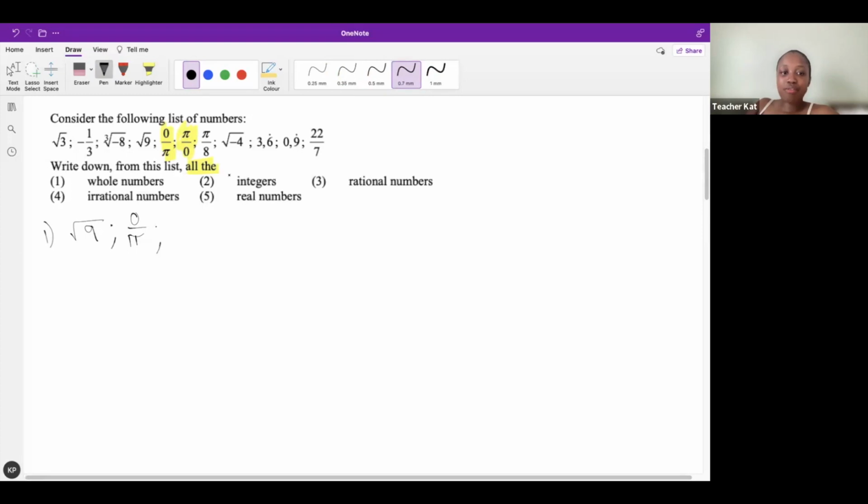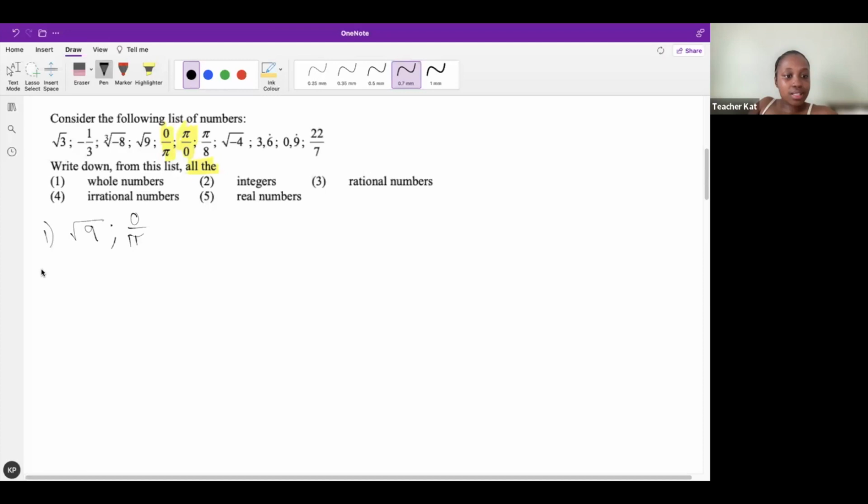What about the square root of negative 4? No. 3 comma 6 recurring? Nope. 0 comma 9 recurring? Nope. And 22 divided by 7? No. Right. We only have two whole numbers in this whole list of numbers, guys.